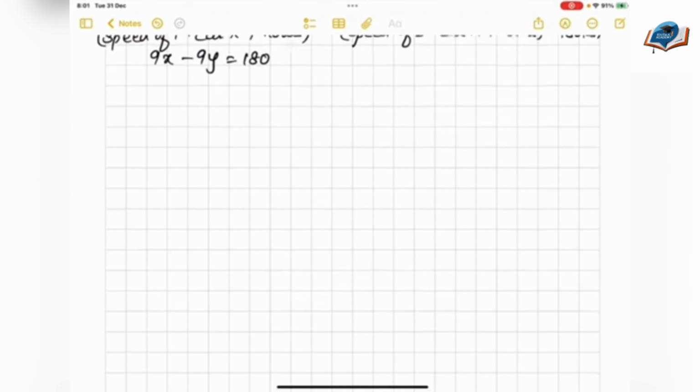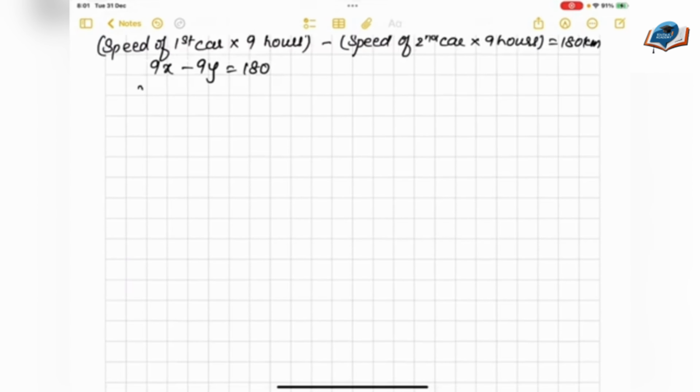If I divide everything by 9, I get x minus y equals 20. So this is my first equation.